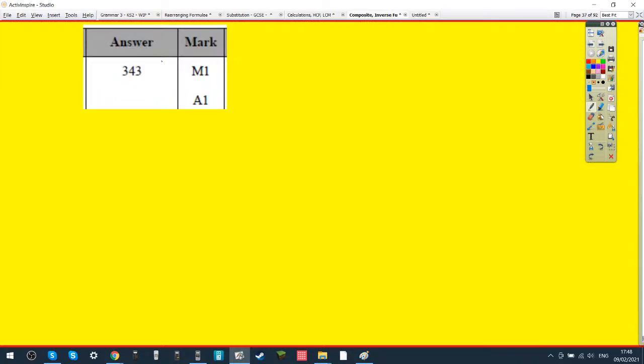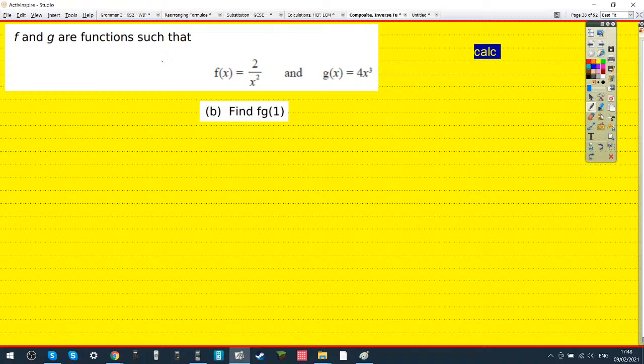You get the idea. G of 1. Let's try this one. So 4 times 1 cubed, which is just 4.